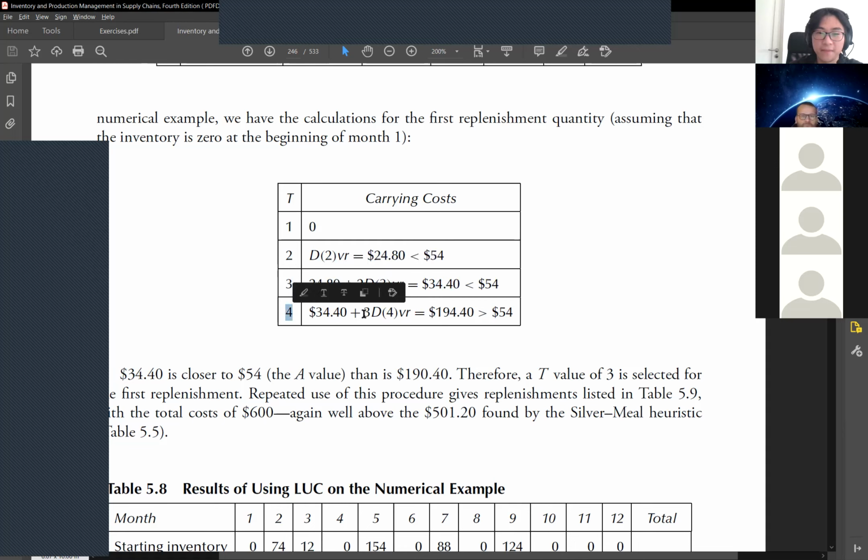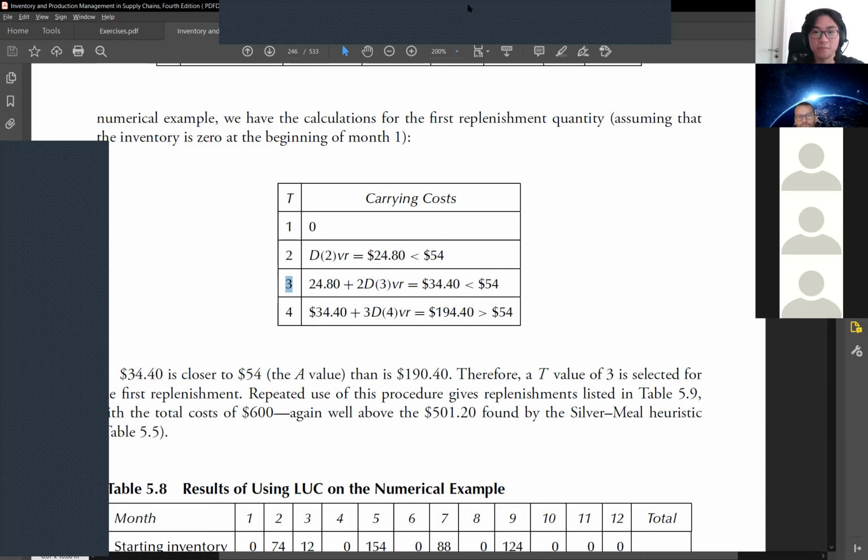It's the same heuristic as the fixed EOQ, where we want to find the nearest number to that point. And here we see the nearest number is when T equals 3. So T is 3 for our first month.